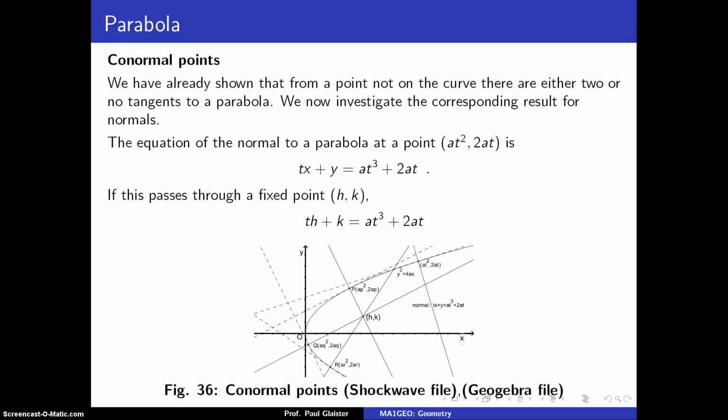What that means, if we go back to this diagram, is that in general, from a point (h, k), one can draw 3 normals to the parabola.